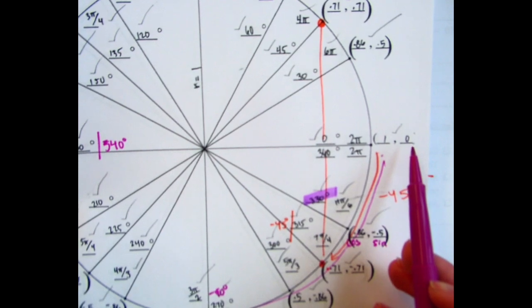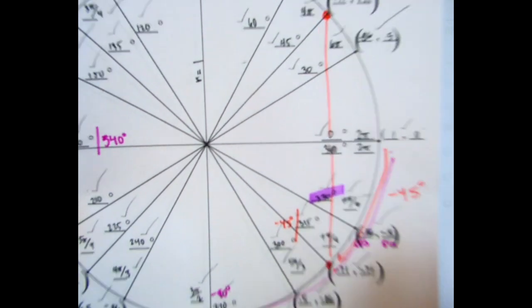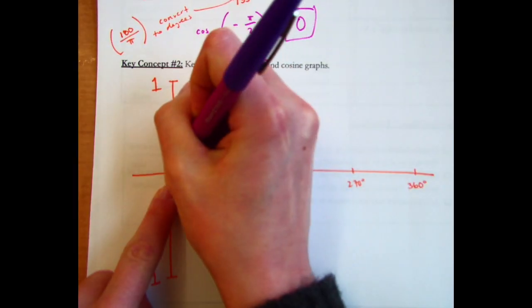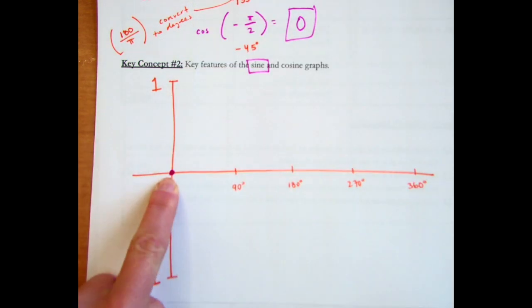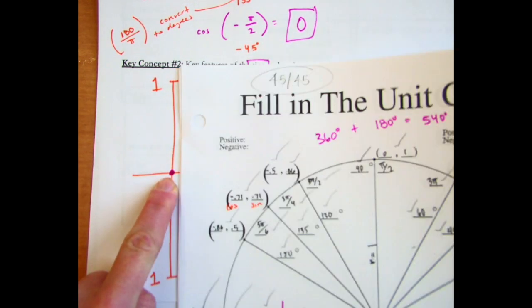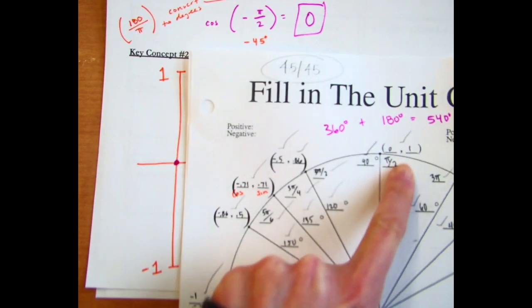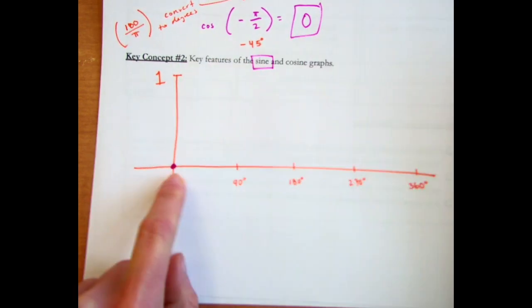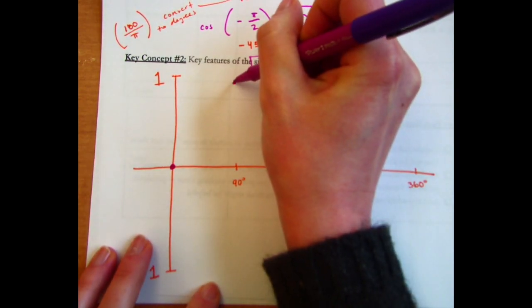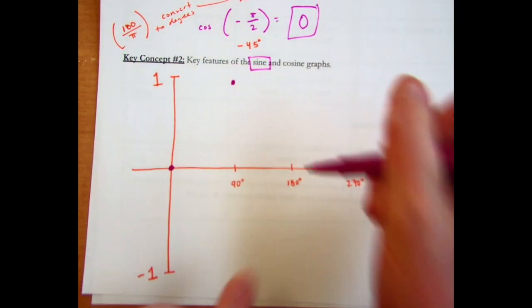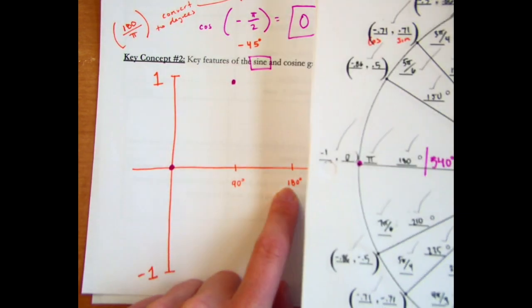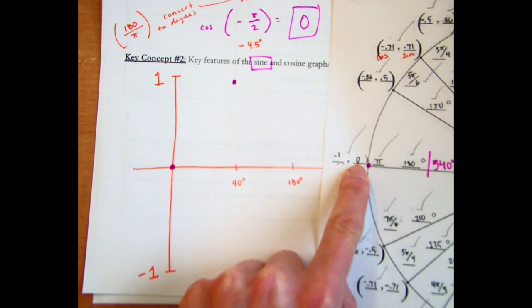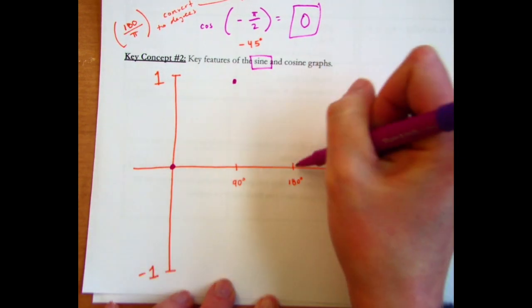At 90 degrees of rotation, sine goes up to +1. And then we can make our way around the unit circle just doing the same thing. So at 180, sine is back to 0. 270, -1, 360, 0. So we're going to end up with our sine function that looks like this.